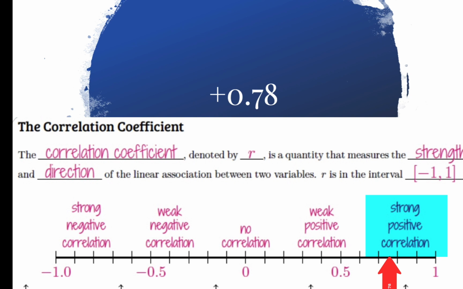And what could be a real world example of two variables with this kind of relationship, really close to 1.0? Let me give you an example to start you out. It's pretty strong, right? It's a 0.78.